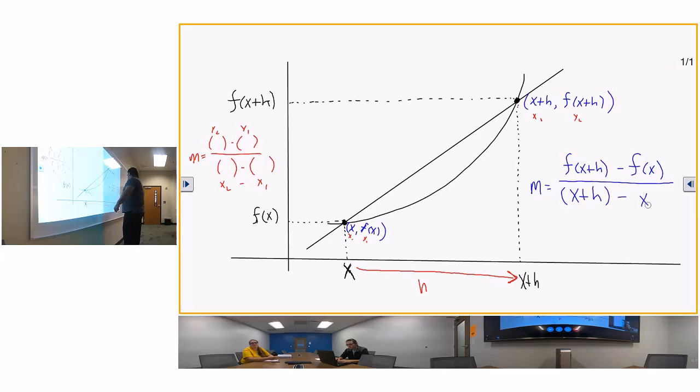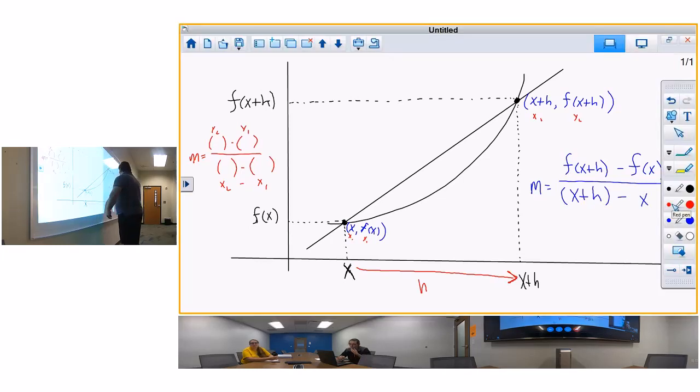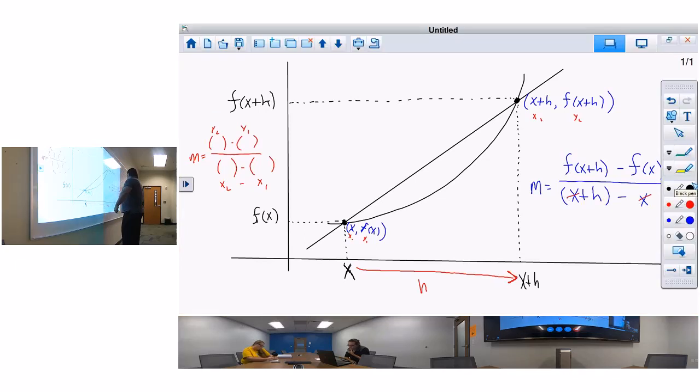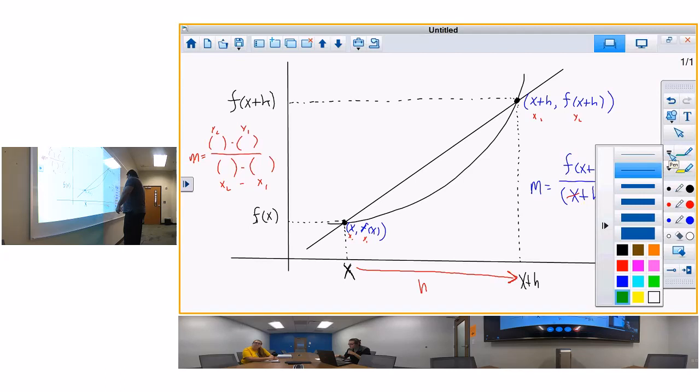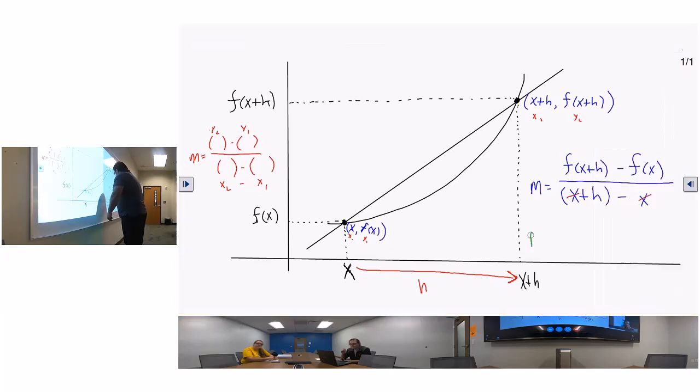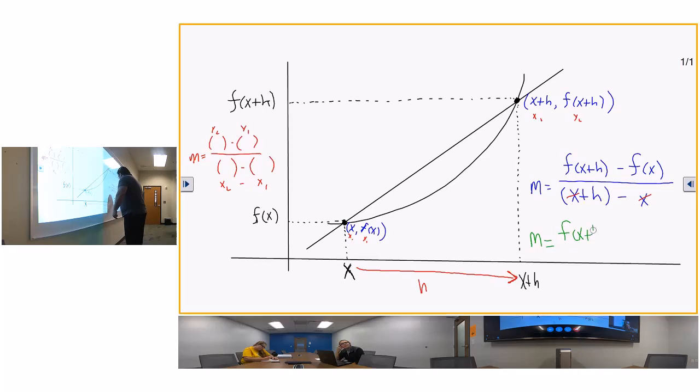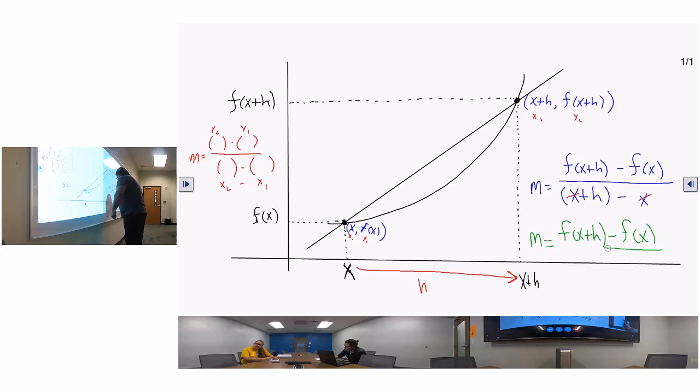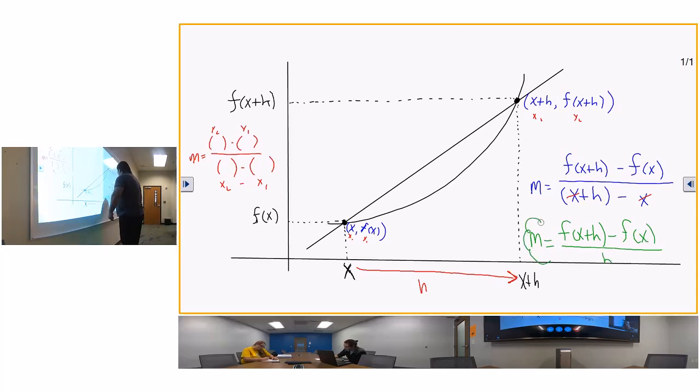And of course, what happens to the x's? They cancel. And somebody tell me, I'm going to write it in green, meaning that this is important. m is equal to f of x plus h minus f of x over what?